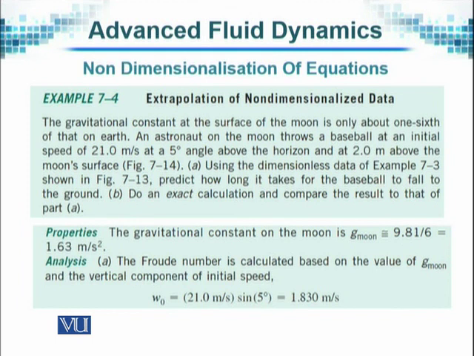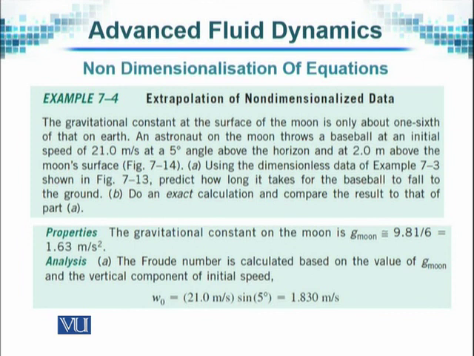It is a simple question, and you may have done this kind of question many times, but the new thing here is using non-dimensionalized data and looking at the convenience that it provides to researchers for finding out many things.